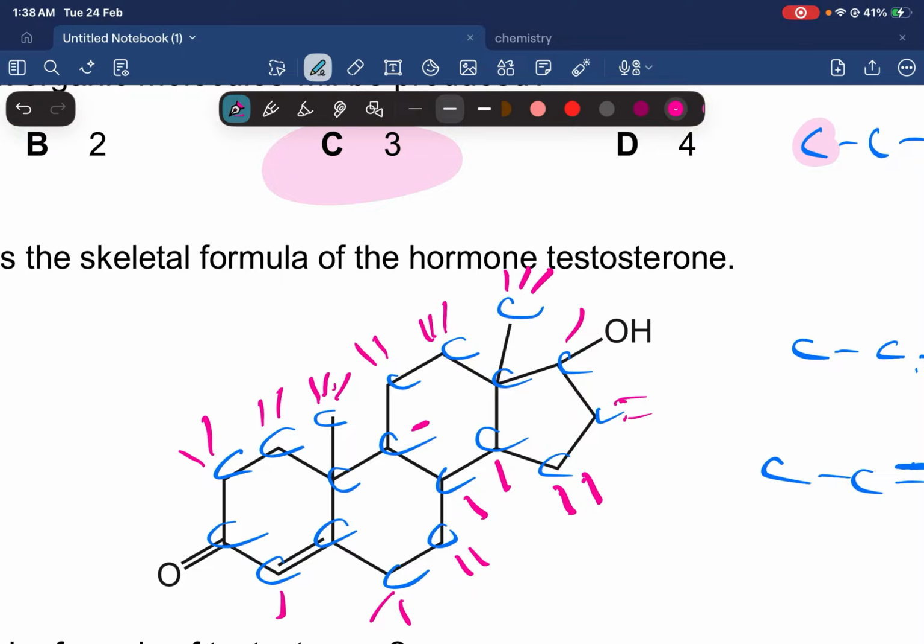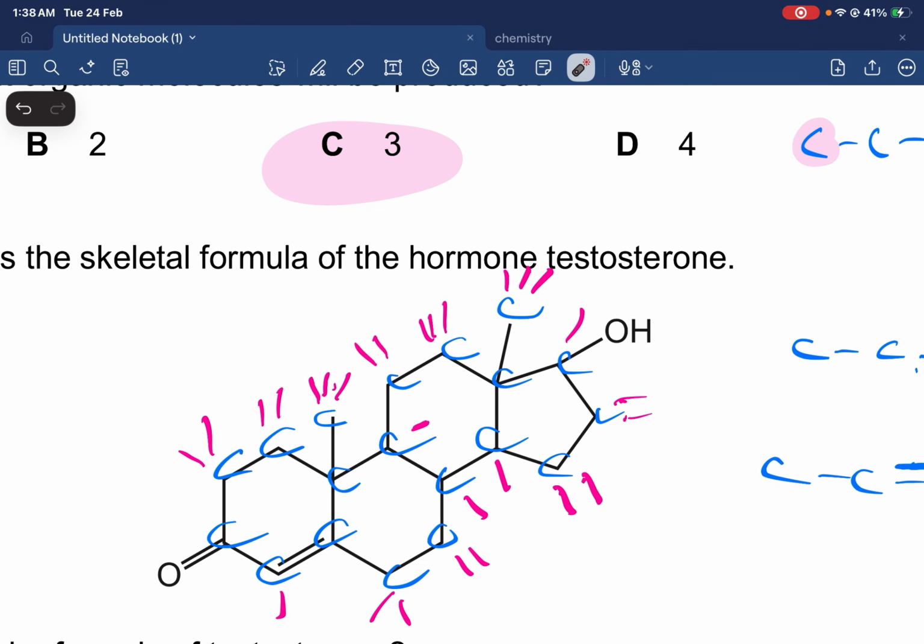Are we done? Are we done or not? Is there any more carbon whose valency is not filled? Yeah, this one. No, 1, 2, 3, 4. Okay, now we calculate the hydrogens.